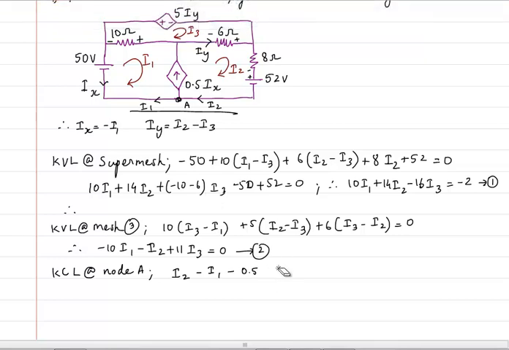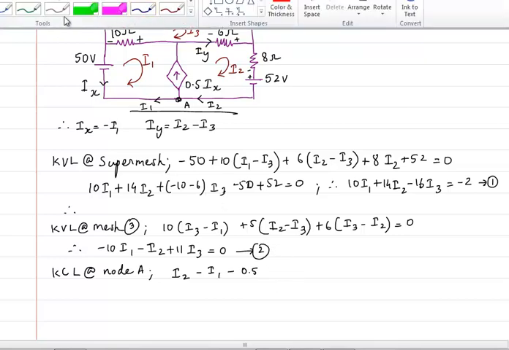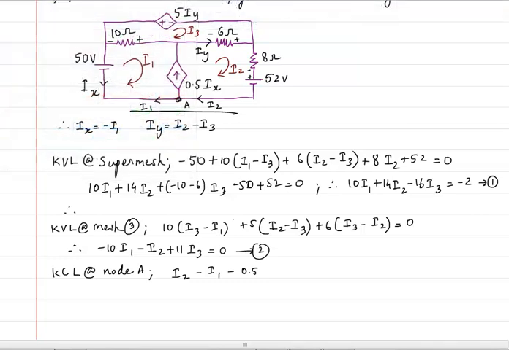Instead of Ix I will write minus I1, so that this minus and this minus become plus, and here I will write I1 is equal to 0. Expanding it further, I will get minus 0.5 I1 plus I2 is equal to 0.